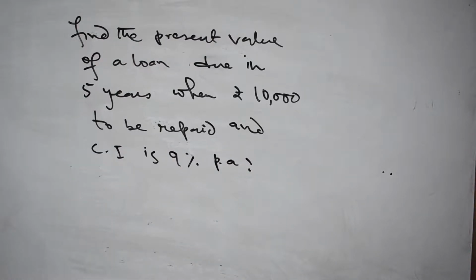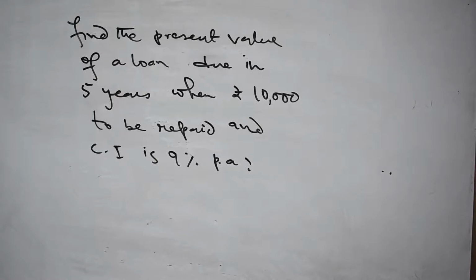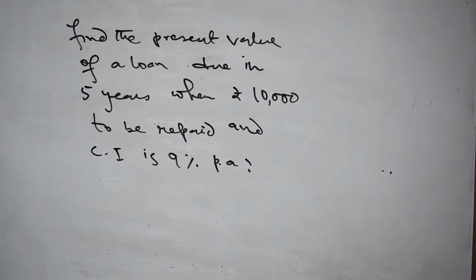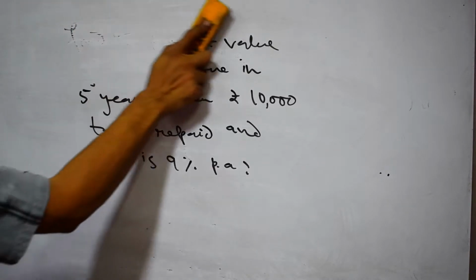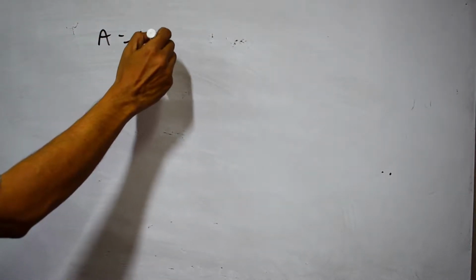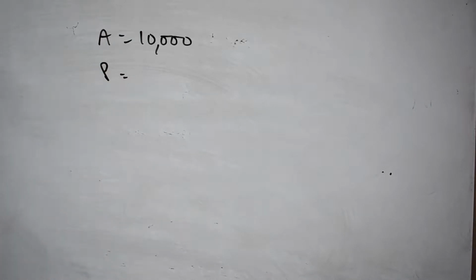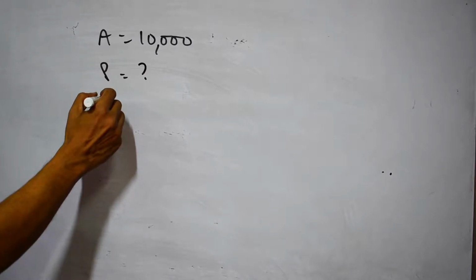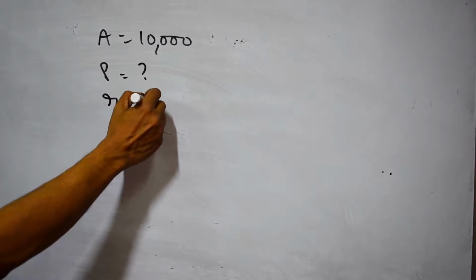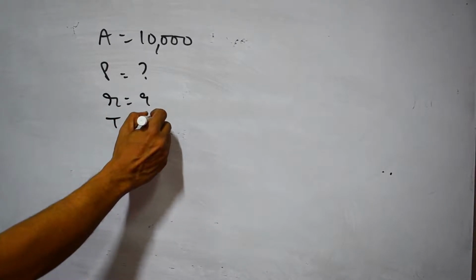Therefore it is 9% interest compounded annually. It is not mentioned, but normally when it is not mentioned we consider annual compound interest. We are asking how much loan was taken, that is the present value of the repayment amount of 10,000. So A is 10,000, the principal, the present value of the loan, is not known to us, the rate of interest is 9% and the time period is 5 years.